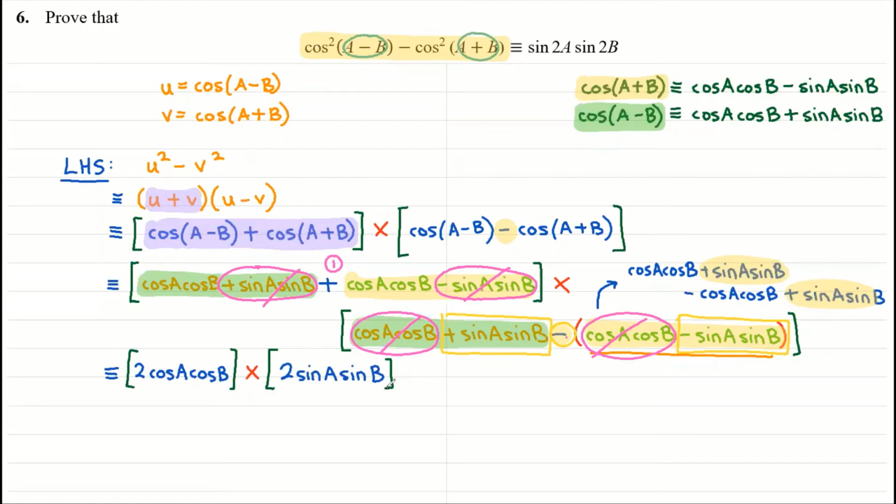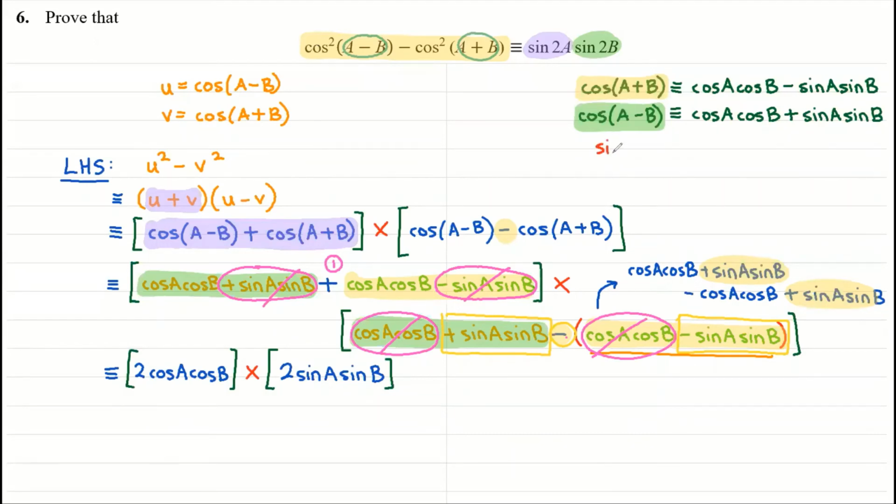But if we just go back to our original problem, on the right-hand side, you can see that we've got sine 2A and we've got also sine of 2B. So it might be a good idea just to jot down what those identities actually look like. So I'm going to write those in my summary up here.